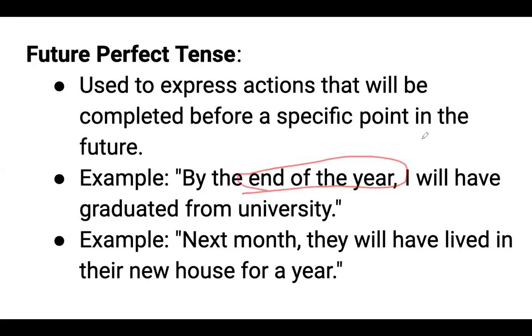Let's say in 2025, you can say that Tanmay will have completed his class 10 exams, isn't it? Next, another example: next month they will have lived in their new house.